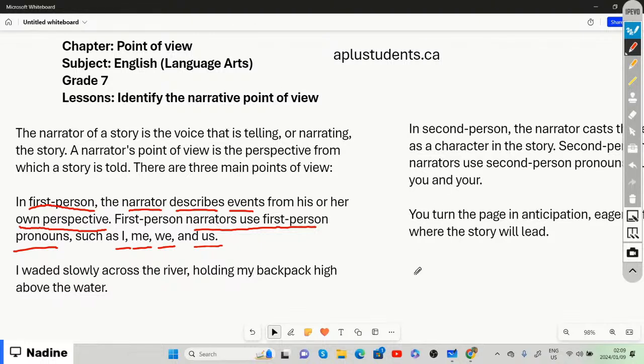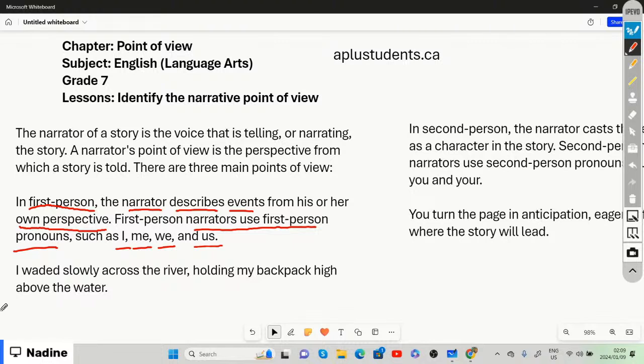And if we look at an example of it being in first person, it says, I waded slowly across the river, holding my backpack high above the water. So it's an event that is being described from the narrator's own perspective. Meaning that I waded slowly across the river.